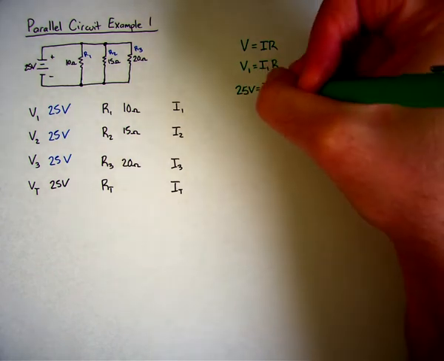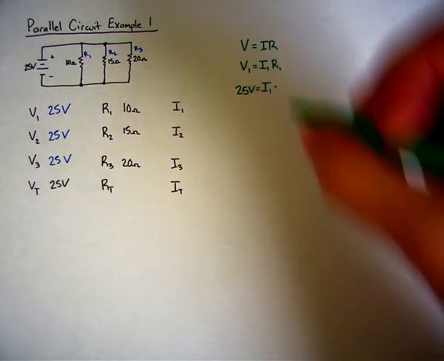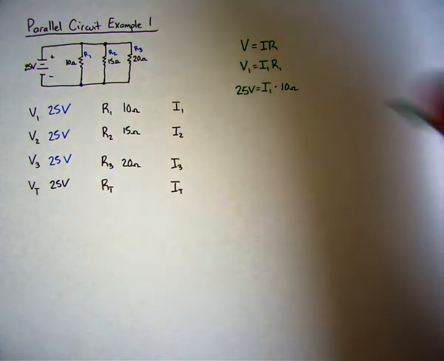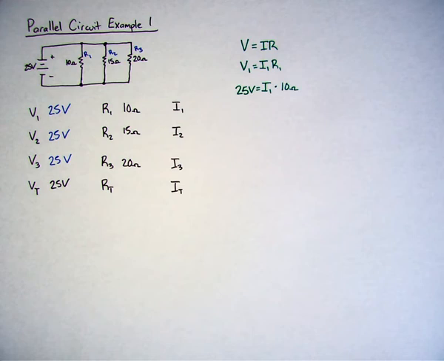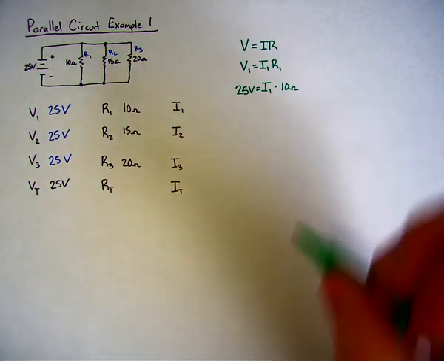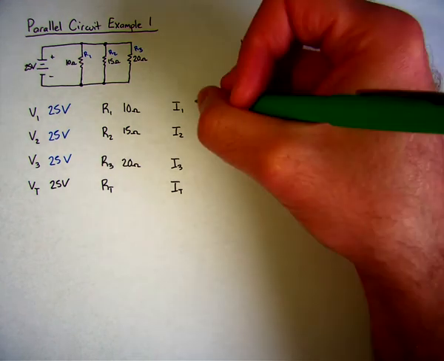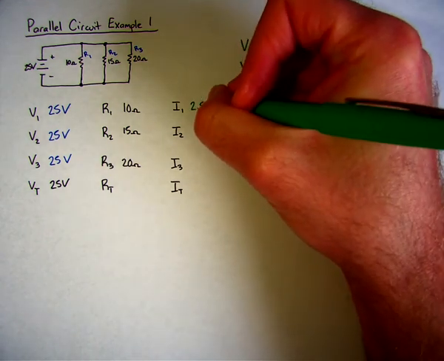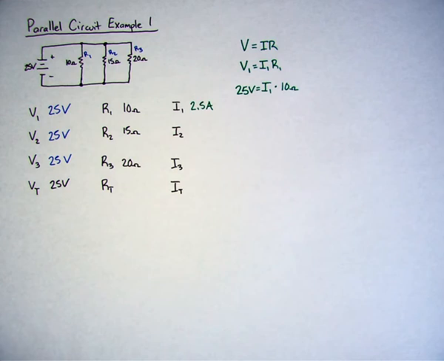I don't know the current, but I know that the resistance is 10 ohms. So if I wanted to find the current through resistor 1, all I have to do is take the 25 volts divided by the 10 ohms, and that would give me my current of 2.5 amps. So 2.5 amps is going to be the current through resistor 1.